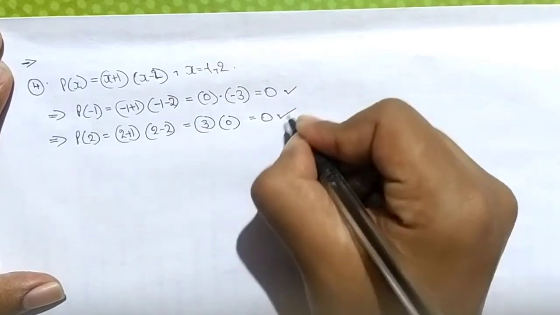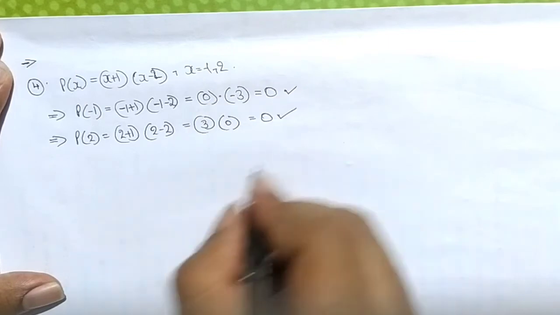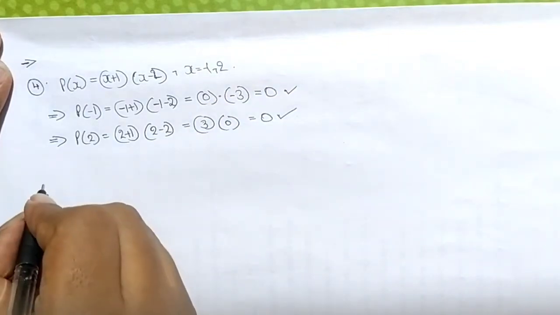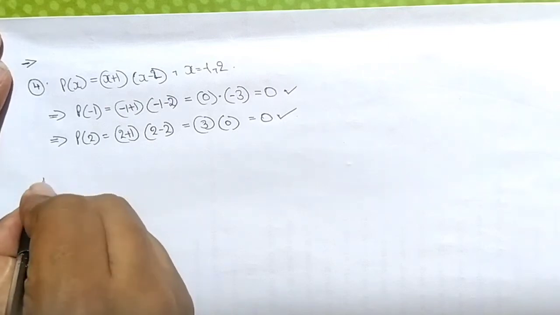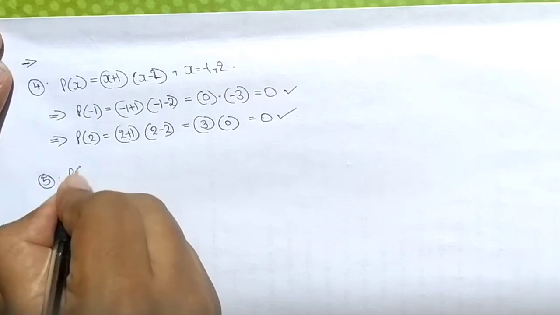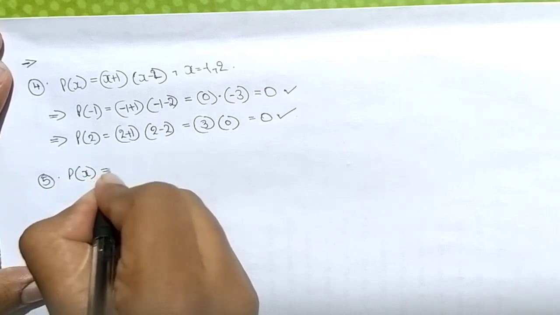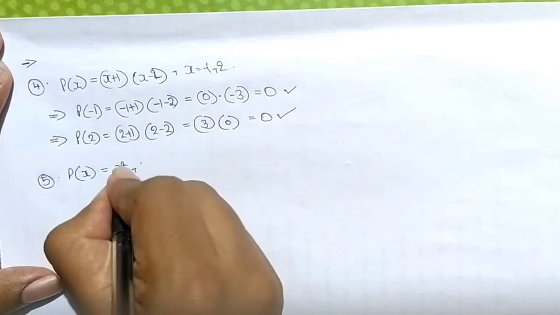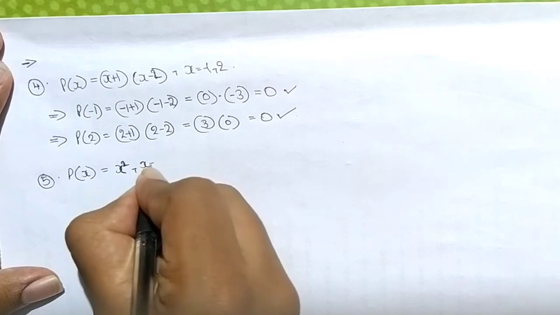For both values of minus 1 and 2, the given equation satisfies the zero of a polynomial condition. Now moving towards fifth question. Fifth question is so simple, you can do on your own. It's p of x equal to x square at indicated x equal to 0.